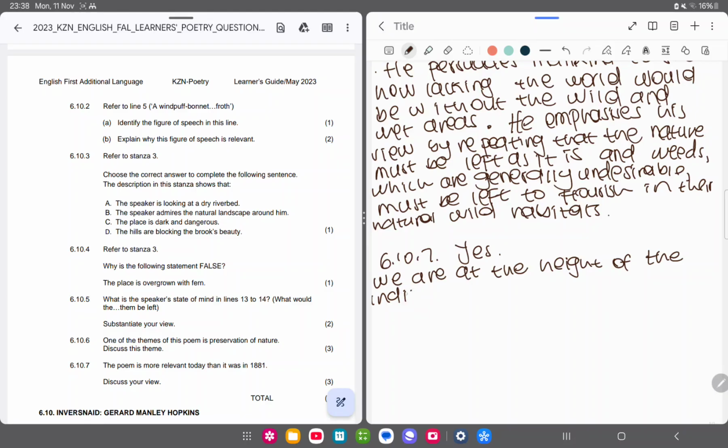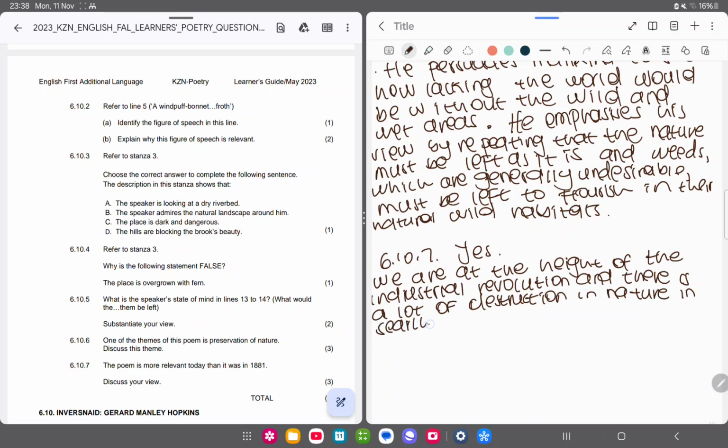So we are at the height of the Industrial Revolution, and there is a lot of destruction in nature in search of wealth, building infrastructure, or other human activities.